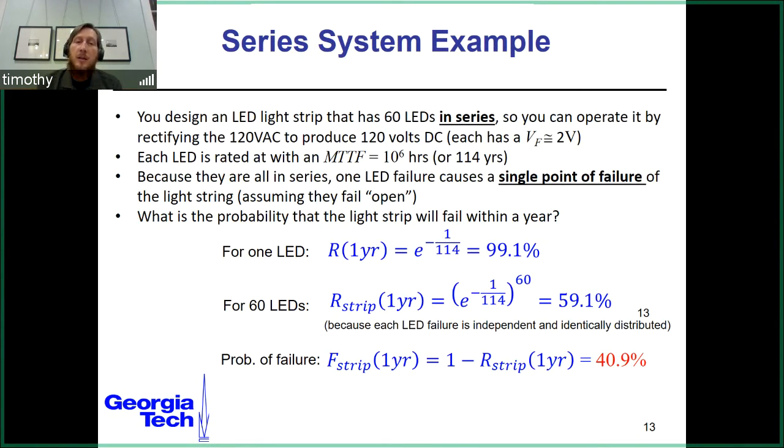This is because each LED failure is independent and distributed on a bell curve. Somewhere in there, the mean time to failure is in the middle, but there are going to be lights that fail sooner and lights that fail later. The probability of failure is 1 minus the probability of success, and so that comes out to be 40.9%. So there's a 40.9% chance that it's going to fail after 1 year.